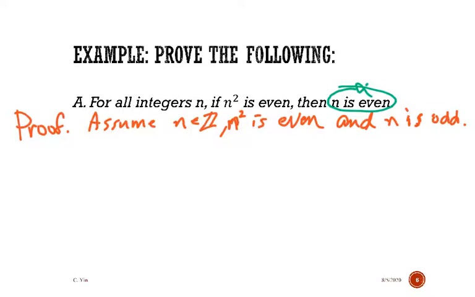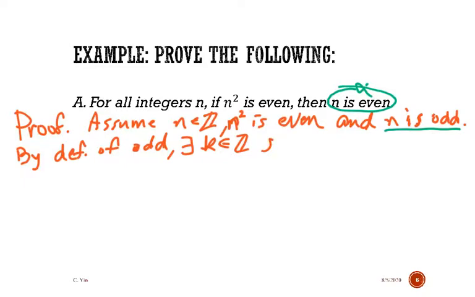So we've got all of these three things that we're assuming. We already said that you can't really get anywhere with the n squared part, but with the part that we just assumed, that n is odd, we definitely can work with that. So let's say by definition of odd, there exists a k, that's an integer, such that n is equal to 2k plus 1.